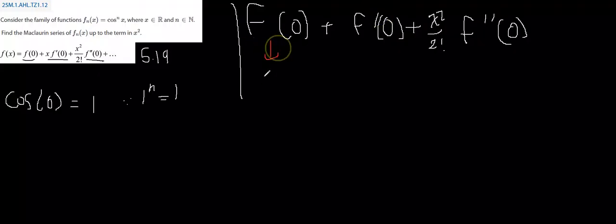Firstly, just find f(0). You know that cosine of 0 is equal to 1, and because 1 to the n is equal to 1, for any n, we know that f(0) is going to be equal to 1. So we can find our first term of 1.